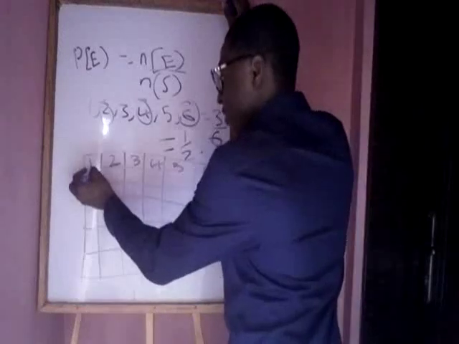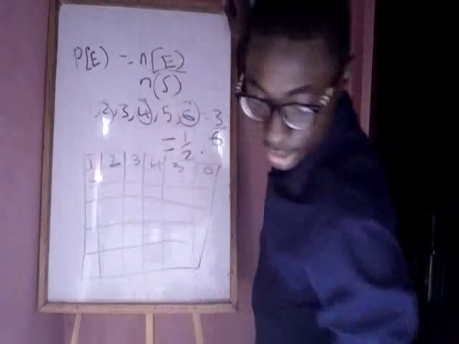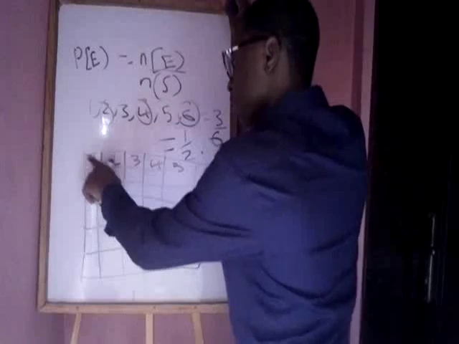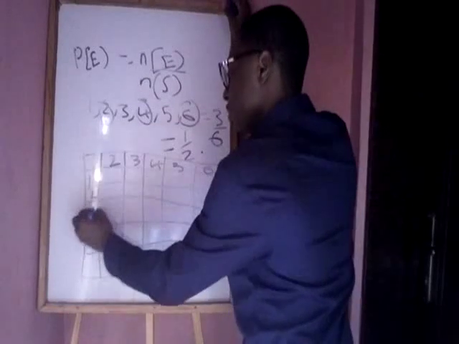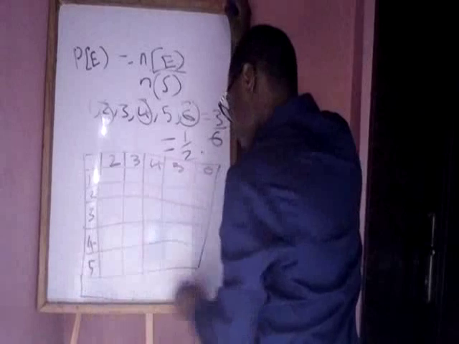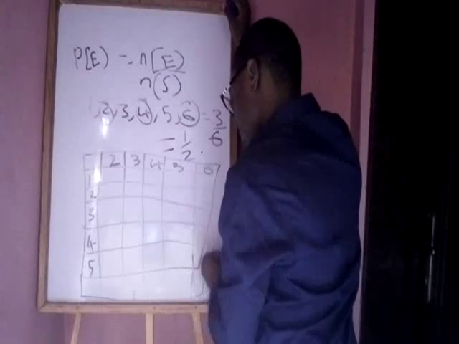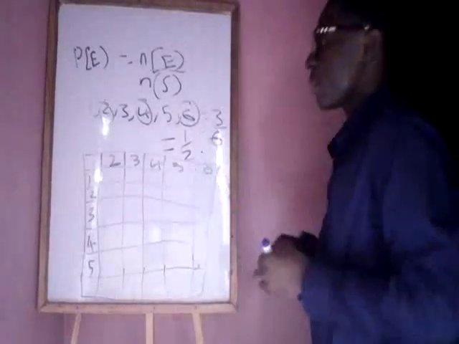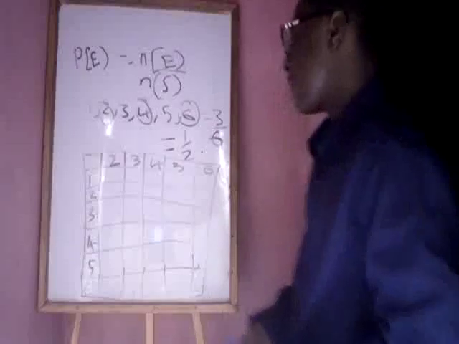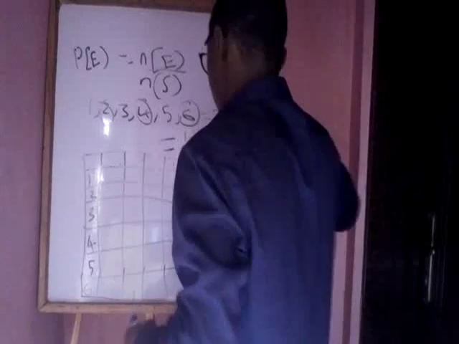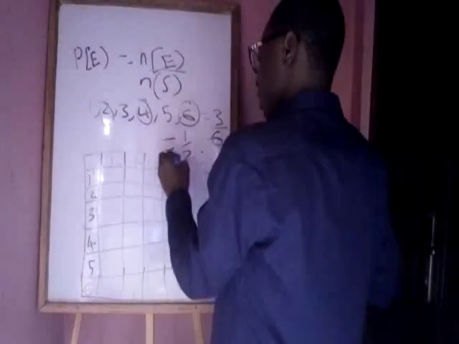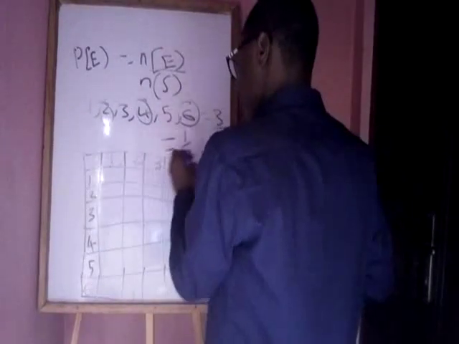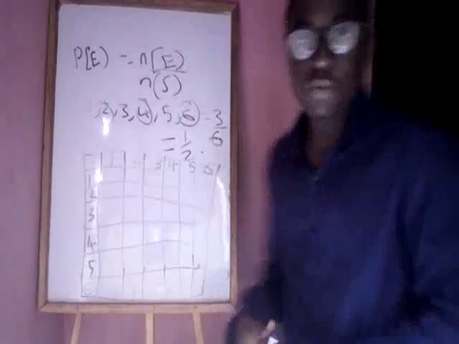For the second die, we also have 6 numbers: 1, 2, 3, 4, 5, and 6. Now we are looking for the sum of the numbers.